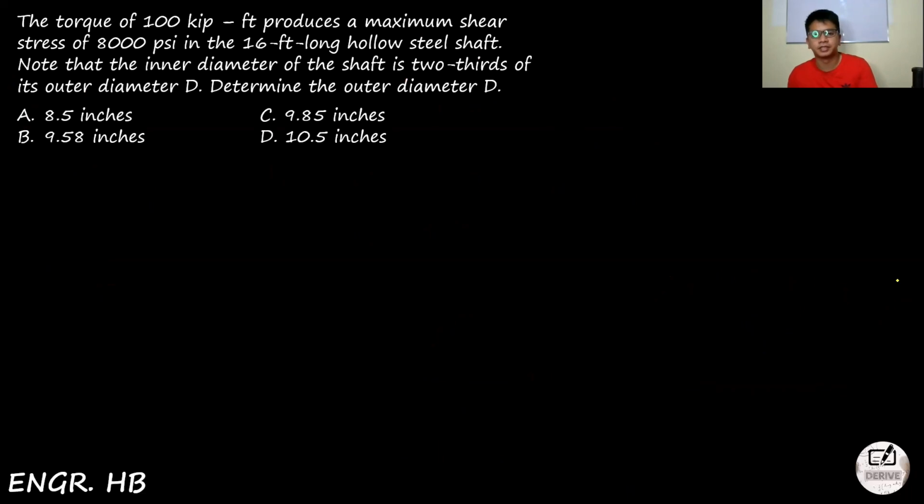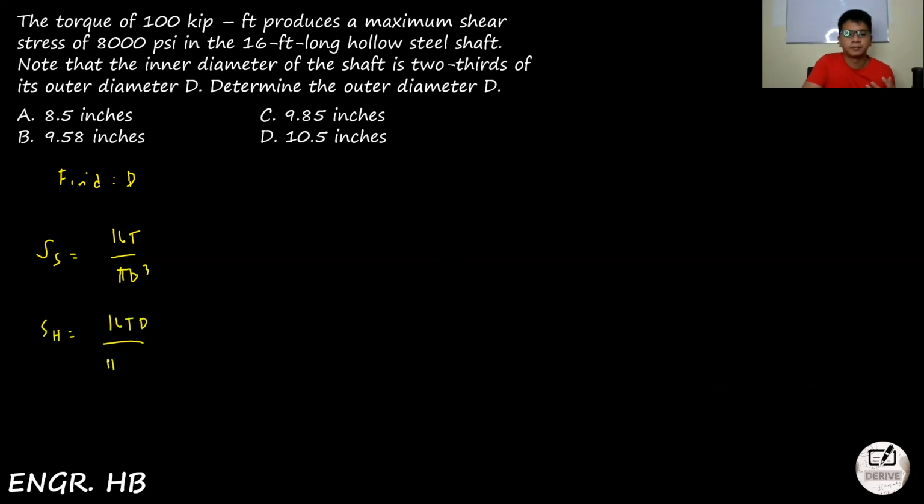Note that the inner diameter of the shaft is 2/3 of its outer diameter D. Determine the outer diameter D. Since this is a torsional stress problem, obviously, because a torque is given, we all know that for a solid circular shaft we have 16T over pi d cubed, and for a hollow shaft it is 16TD over pi times D to the 4 minus d to the 4.